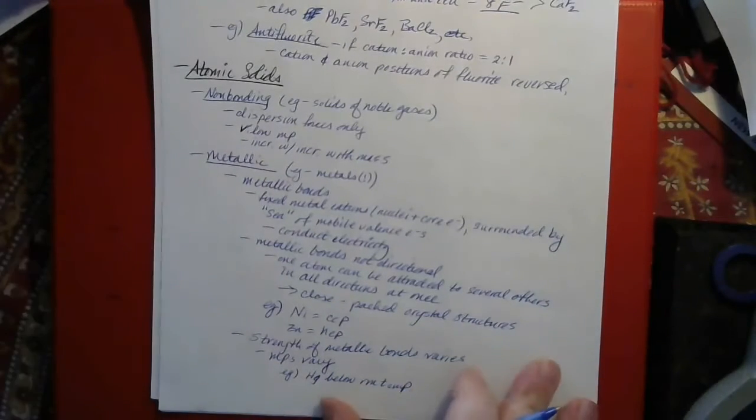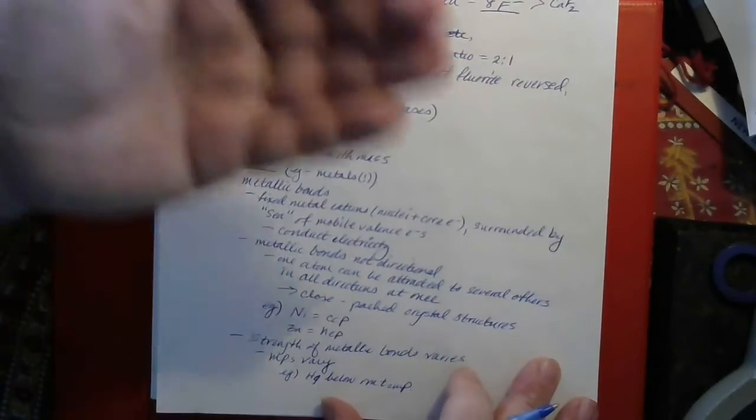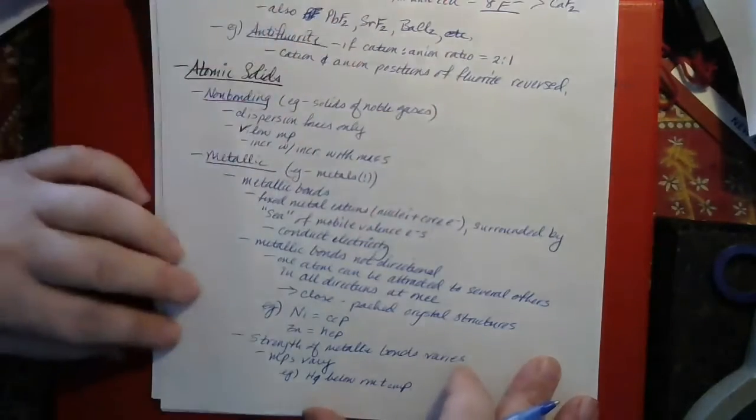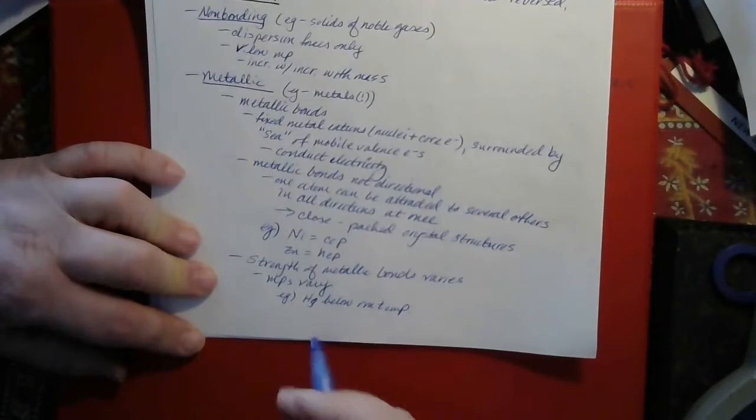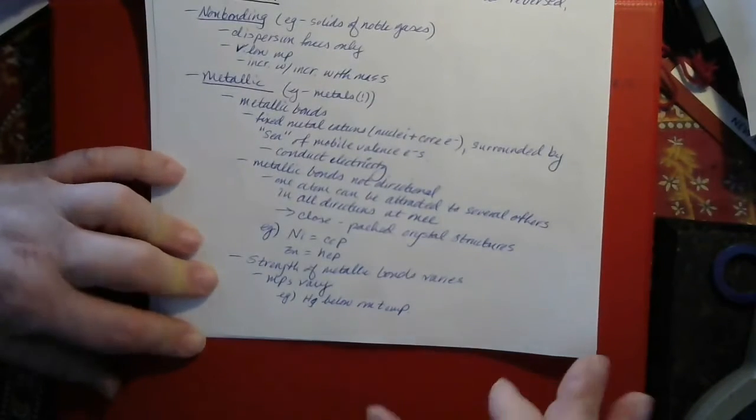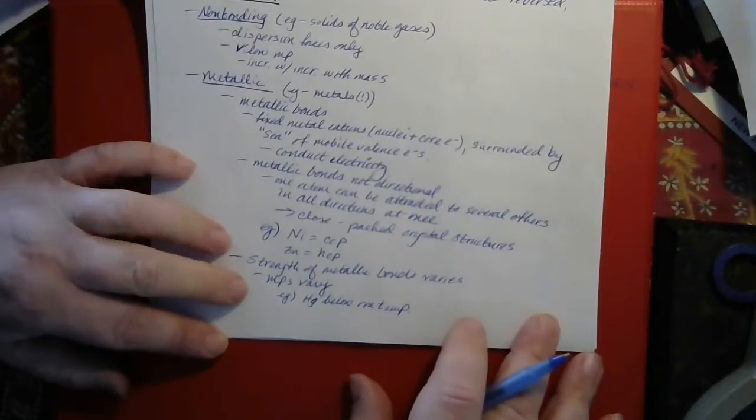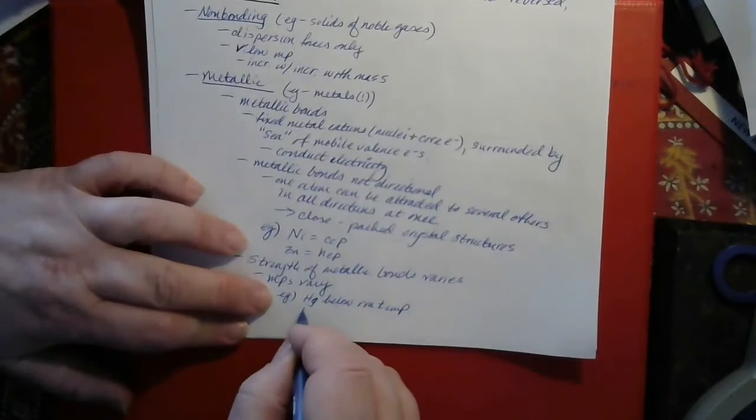I mentioned cesium, which has such a low melting point that the heat from your hand would be enough to melt it. Also, I didn't even think of mercury, whose melting point is below room temperature, mercury being a liquid at room temperature.